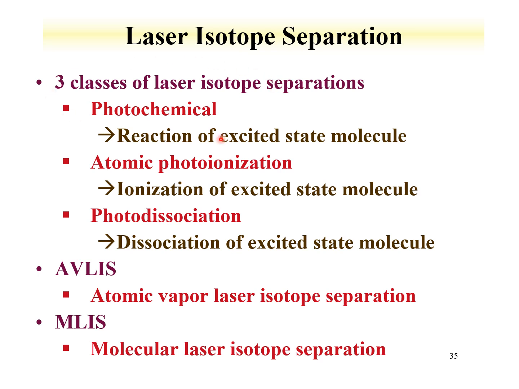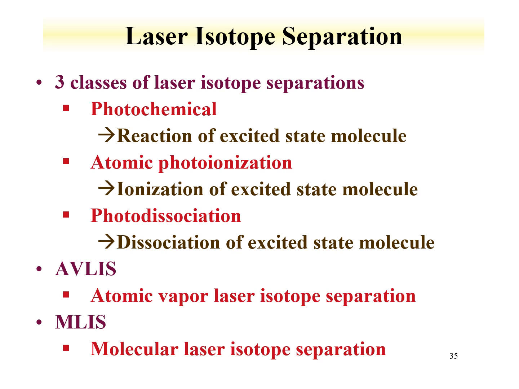There are three classes of laser isotope separation: photochemical, atomic photoionization, and photodissociation. The photochemical is a reaction of an excited state of the molecule, so the isotope that's preferentially excited will have a different excited state that can be reacted.